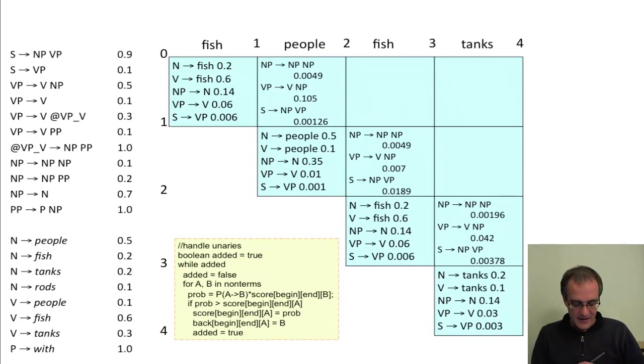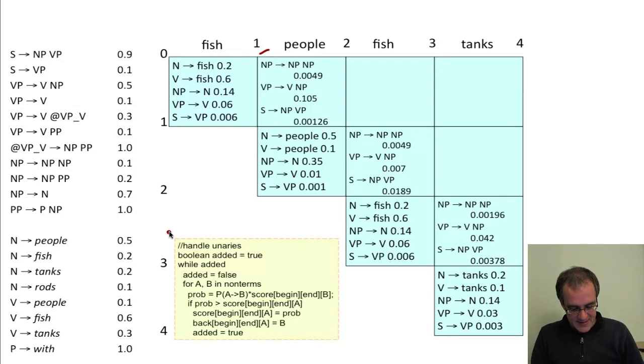Now it turns out that for each of the constituents that we built here in the binary phase, there's only one way of making them, so there wasn't any contention. But we'll be able to see contention at the next unary phase. And our rule for contention is always, if we discover multiple ways to make a category over a span, we keep the one of highest probability.